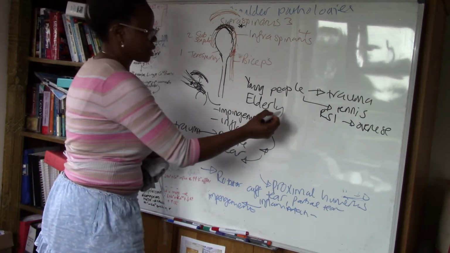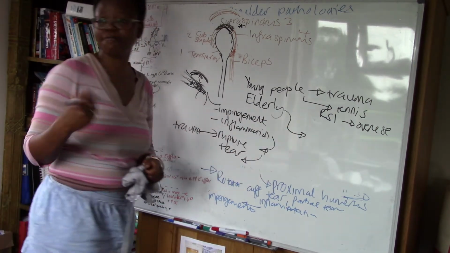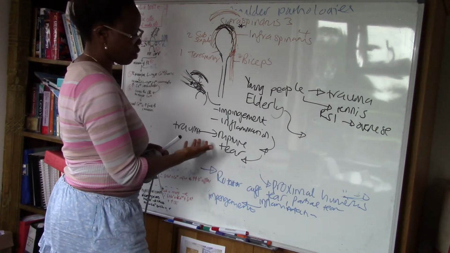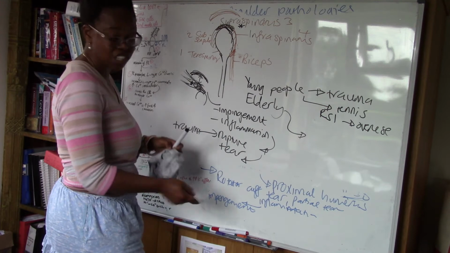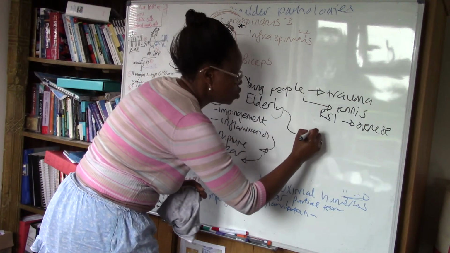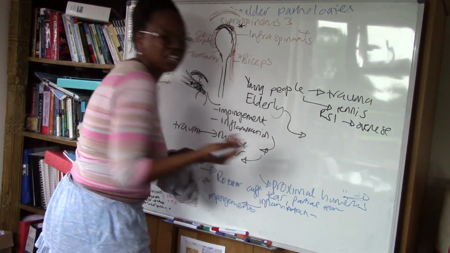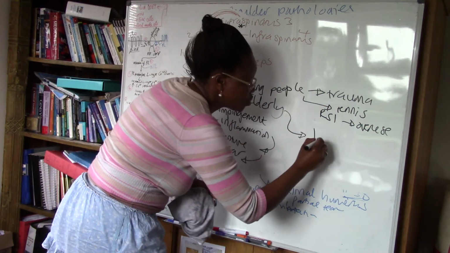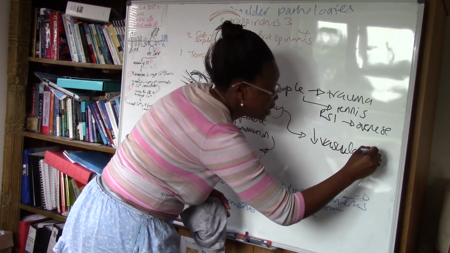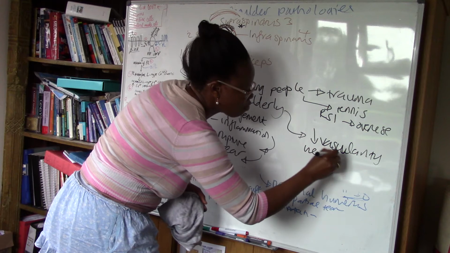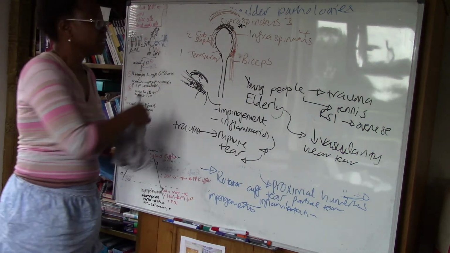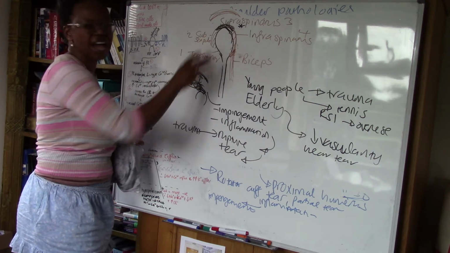And with the elderly, similar, the end pathology is the same, in that there will be a tear, whether it's a partial tear or a full tear. But with the elderly, it's usually due to the aging process, reduced vascularity, just the wear and tear of muscles and tendons, or even things like osteoarthritis.